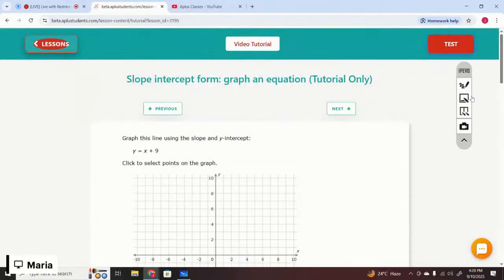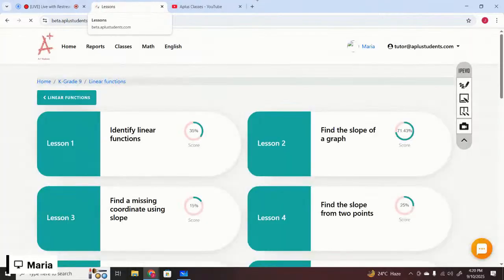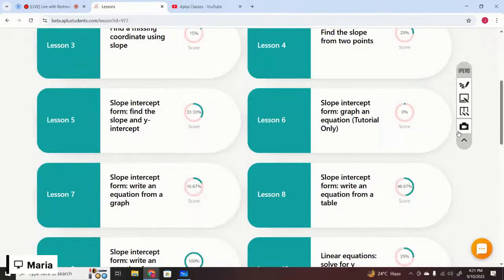Okay, we are done with the lesson. Let's just move on to next lesson. Slope-intercept form, write an equation from a graph.